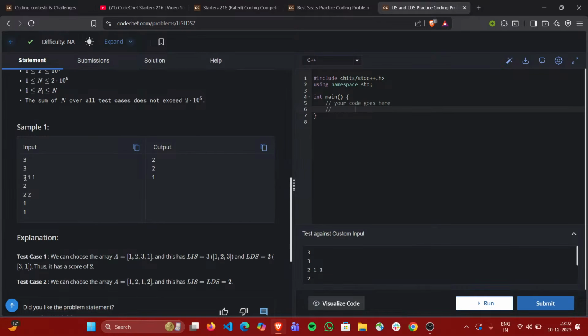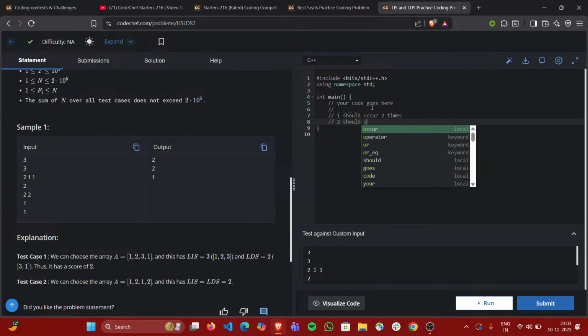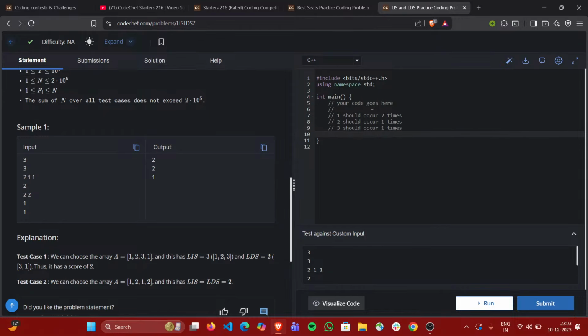So like 1 should occur 2 times. I'm discussing the first test case right now. And then 2 should occur how many times? 1 time. And then 3 should occur 1 time again, right?